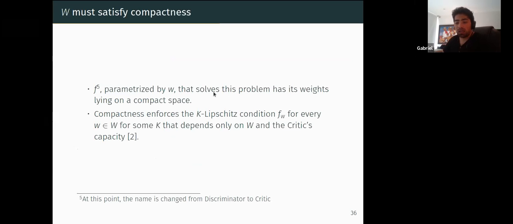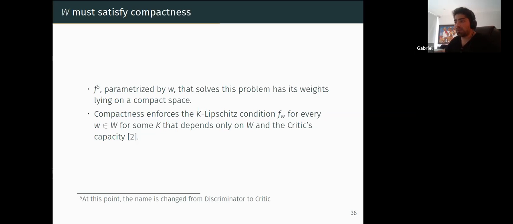It is also a theoretical result that this function requires its parameters to be in a compact space in order to enforce the Lipschitz condition.